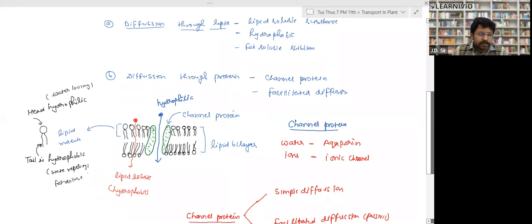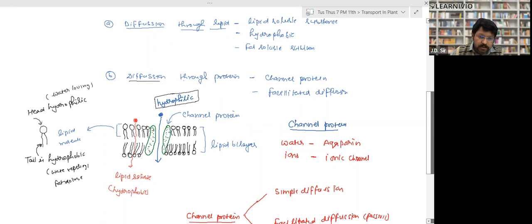Those which are fat soluble substances pass through this bilayer of lipid by diffusion. They are lipid soluble substances and pass directly through. But hydrophilic substances, which are water soluble, do not pass through the lipid bilayer. Now, how will they come inside? Through diffusion through proteins.